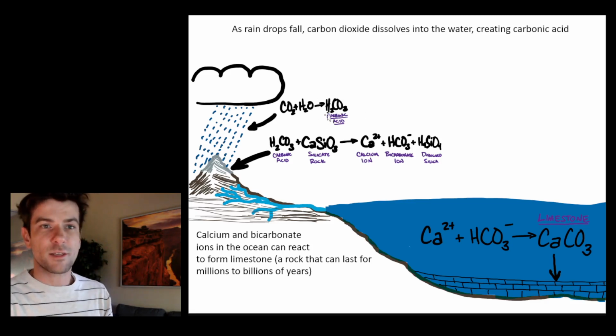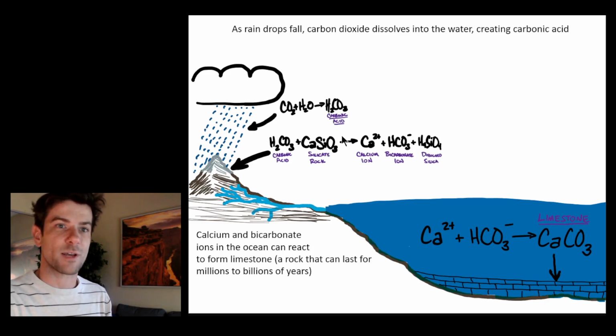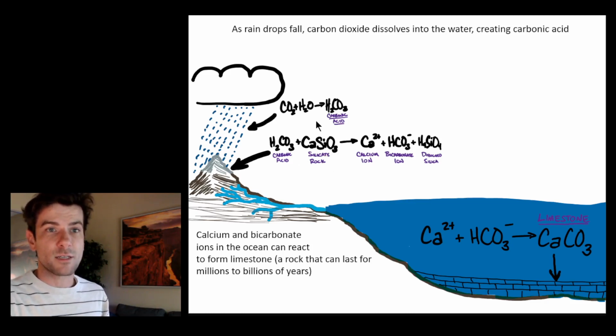This creates an acid, which is then able to react with silicate rocks on land, or any material on land, really. But in particular, these silicate rocks, liberating calcium ions and transferring that bicarbonate, HCO3, to the ocean.